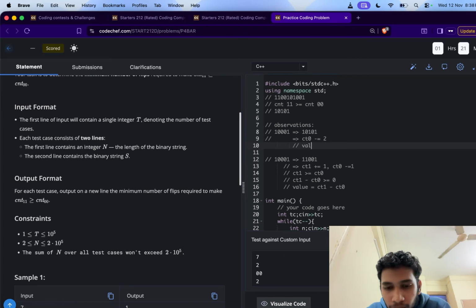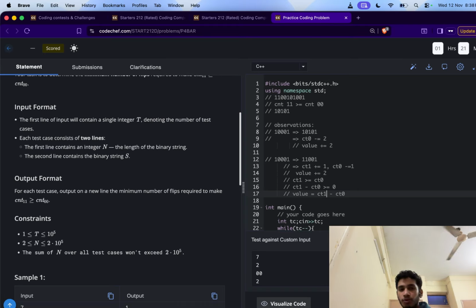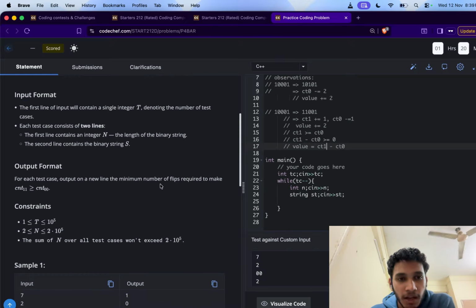Value plus equals 2. Similarly, in this case, CT1 has increased by 1, CT0 has decreased by 1, so value increases by 2 again. So the benefit in both the scenarios is the same. Am I correct? So these two cases are similar, we can say.